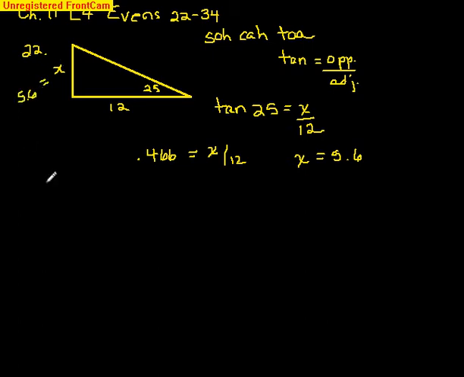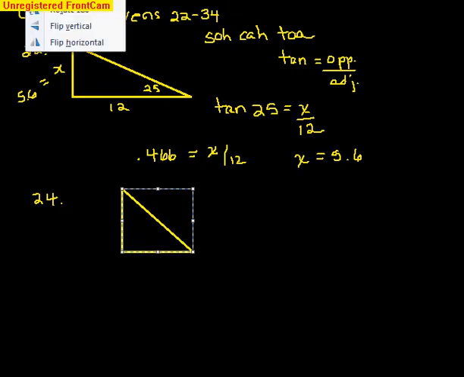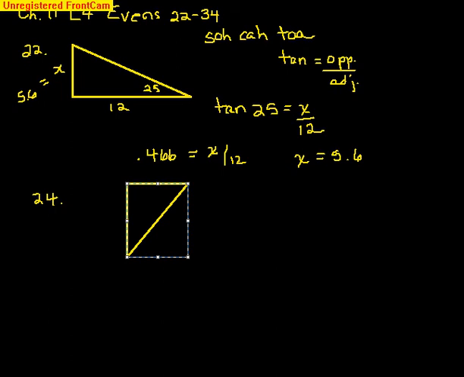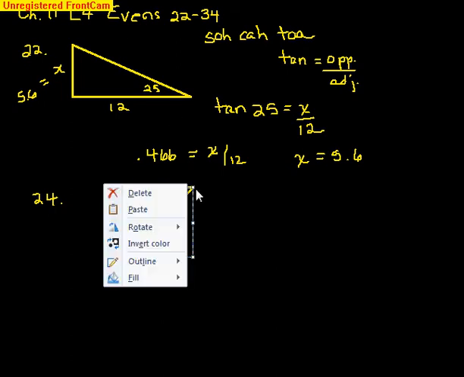Let's try another one real quick here. 24. This triangle is a right triangle that's kind of flipped around. Let me see if I can flip it around. I'm not that good with this program yet. I can't really flip it around too well.